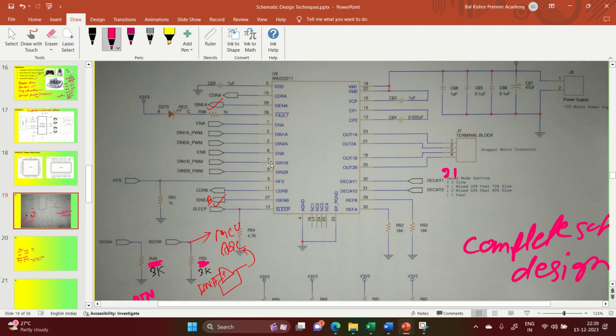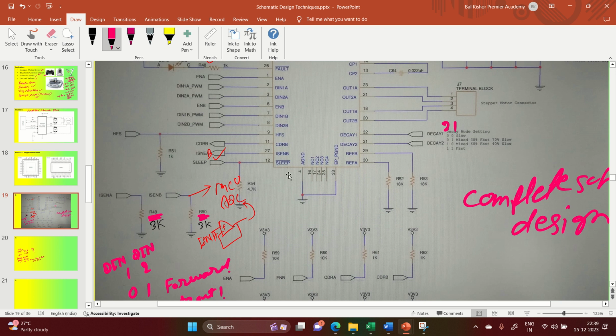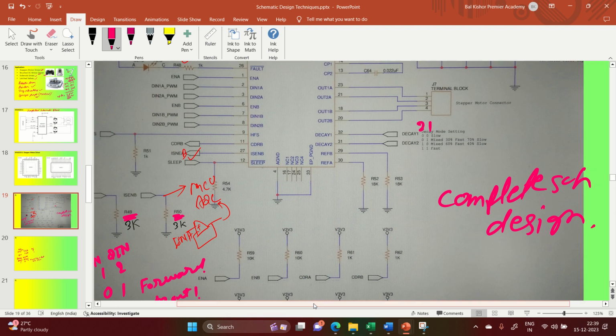Got it? As you can see in the CDR pins, I have taken CDR to a resistor. See, CDR has been pulled up by a 1 kilo ohm resistor. Whatever the current drive regulation is, this pin can also be taken to a microcontroller pin, and it will be measured how much the regulation is, right?